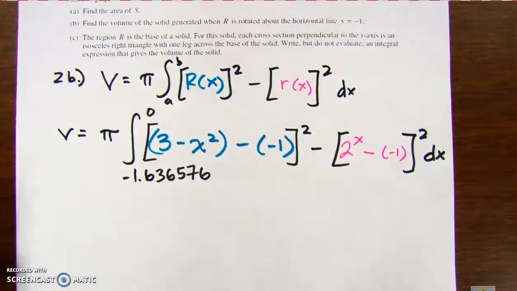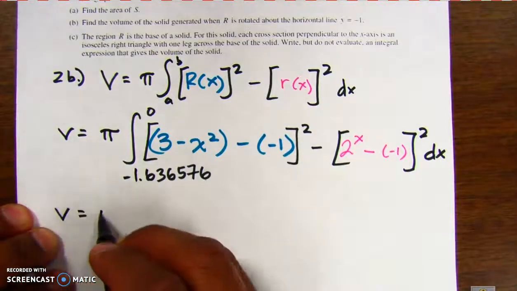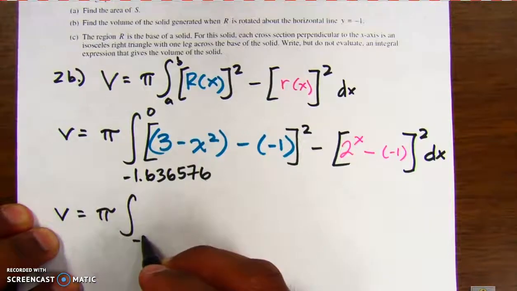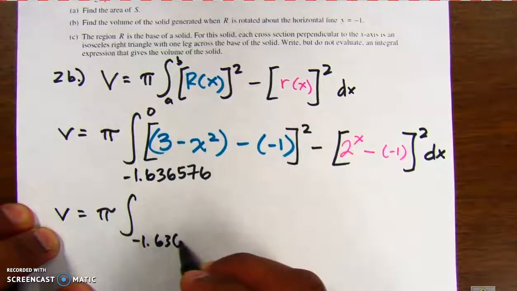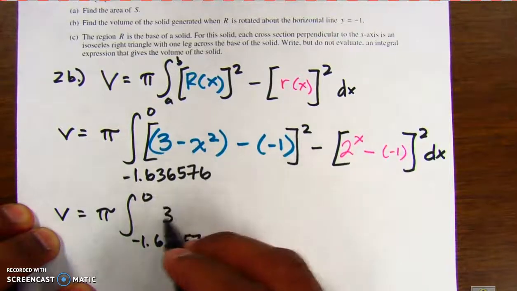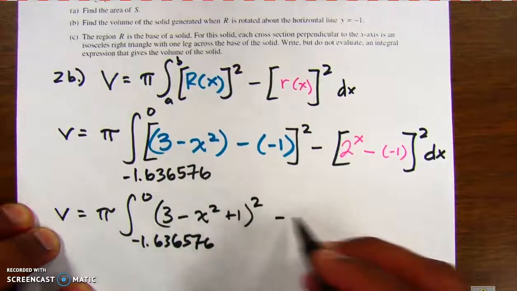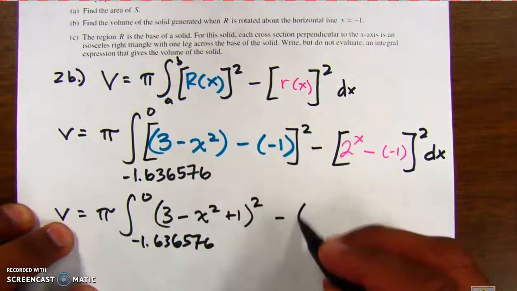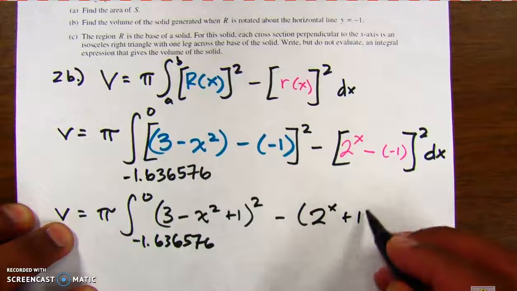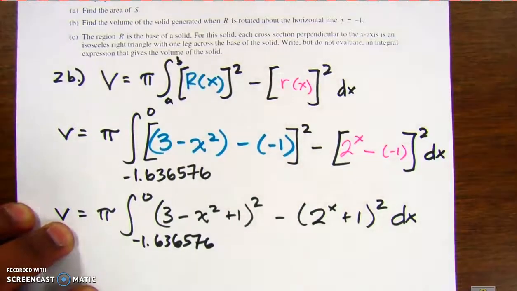So we have this setup now, and we can pretty much make it look a little nicer. 3, 6, 5, 7, 6 to 0. This is going to be 3 minus x squared plus 1 squared minus 2 to the x plus 1 squared dx, and use your graphing calculator to calculate that.